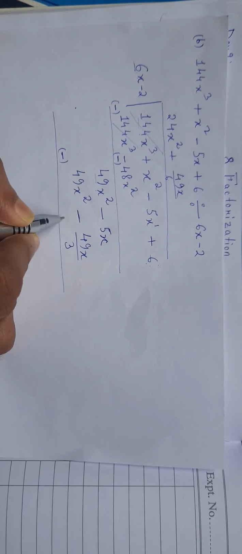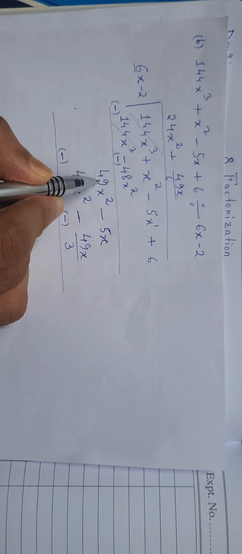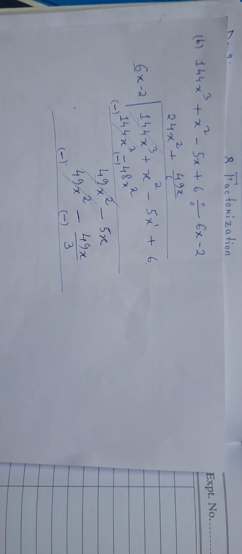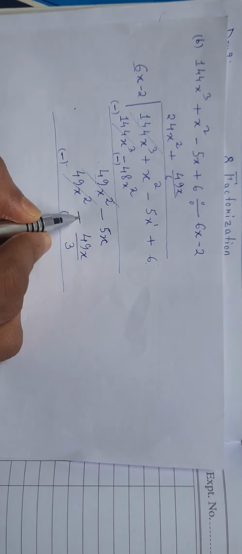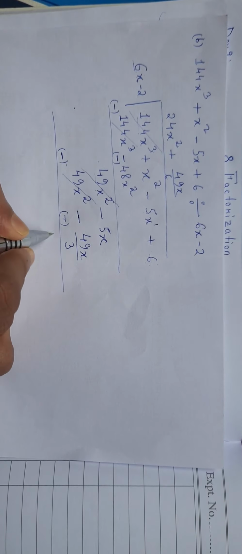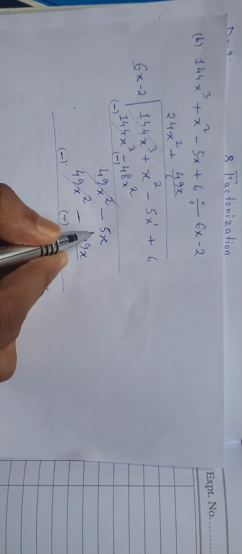Once again here it will be minus, here it will be minus. Plus 49x square minus 49x square will be cancelled. This minus and this minus will make it plus 49x divided by 3. So we'll write plus 49x divided by 3, and this minus 5x. So we'll subtract now.